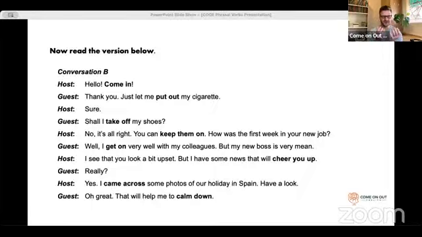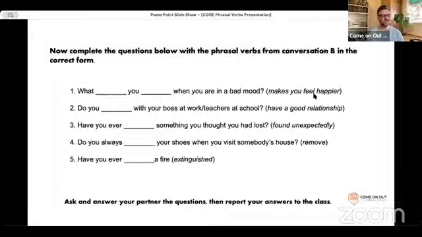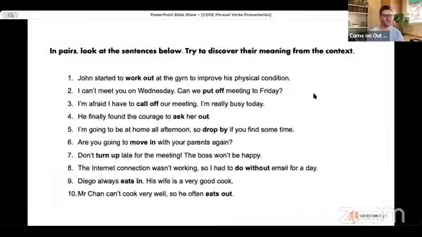So can you hear it's much more flowing? It's easier to say, it's easier to read when we use phrasal verbs. All right, so I have an exercise for you that I want us to do together. Let's have a look at the following sentences.